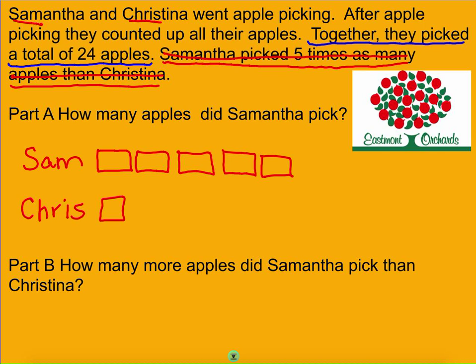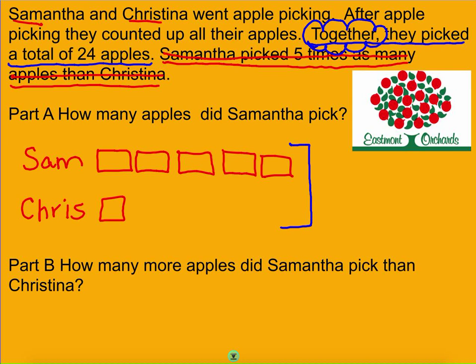Now, it's not just Samantha's total, and it's just not Christina's total. It's a total that they did together. So to show that they did a total of 24 apples together, the bracket cannot go over just Samantha's name, and the bracket can't go over just Christina's boxes. To show that it's together, the bracket's going to be drawn to the side like this.